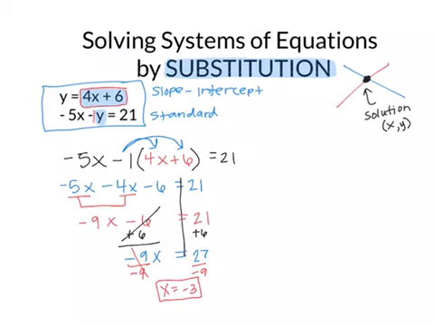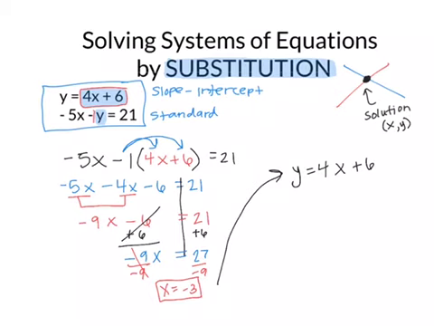I like to choose the one that's in slope-intercept form. That's because there's a lot less work when it's already in that form. So let's say that I need to now find y. I'm picking whichever equation, but a helpful hint is slope-intercept form is the easiest route.